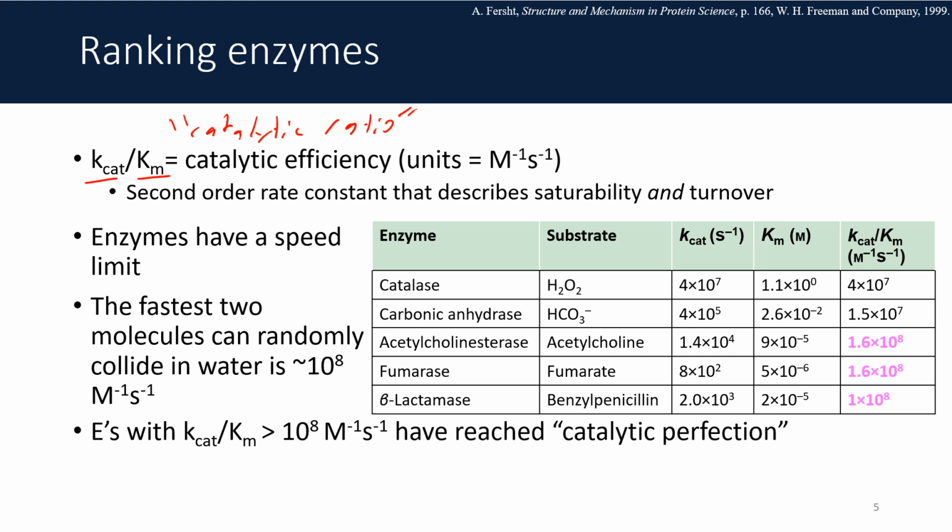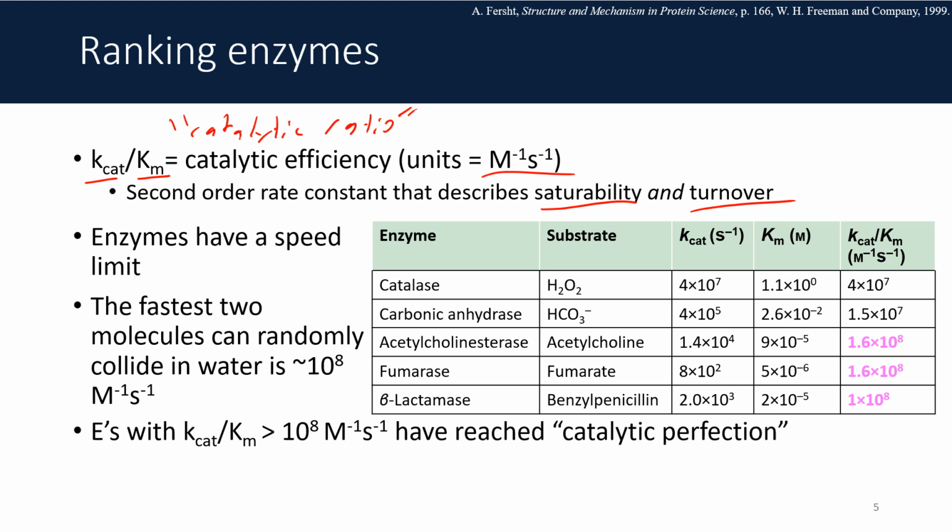And its units are inverse molar times inverse seconds, which means it's a second order rate constant. And this is that all-in-one value that we've been looking for to help us rank different enzymes, because that catalytic ratio is going to describe an enzyme's saturability and its turnover.